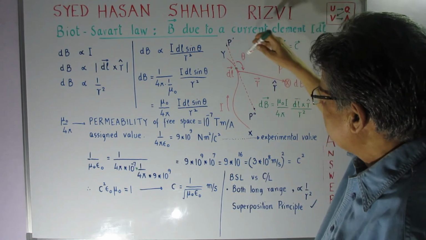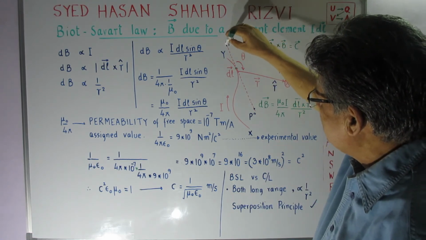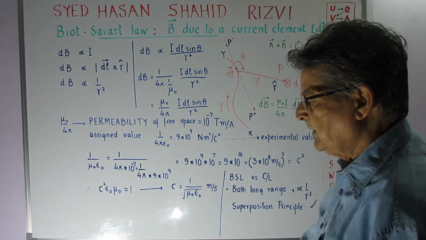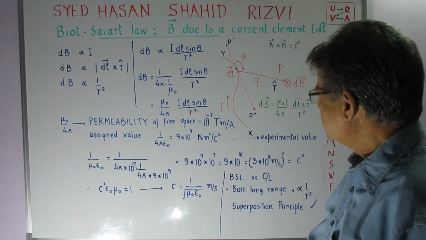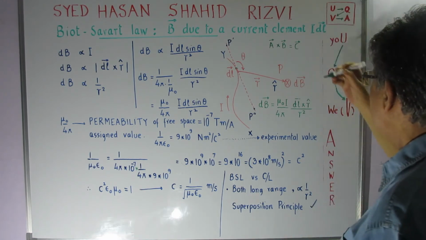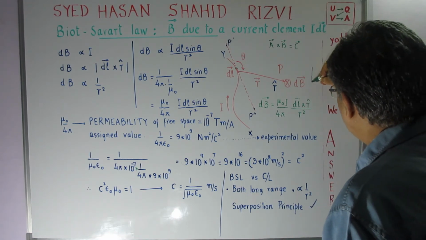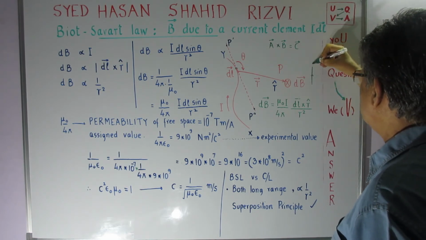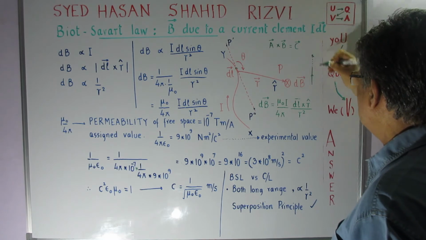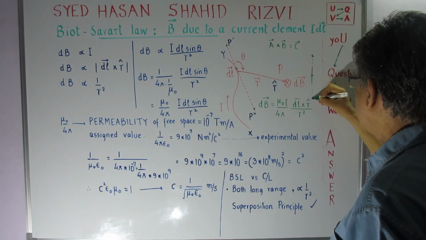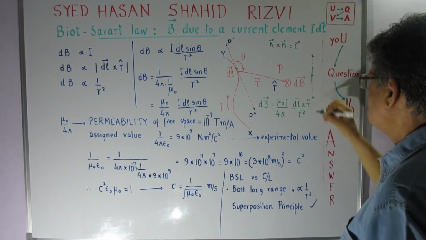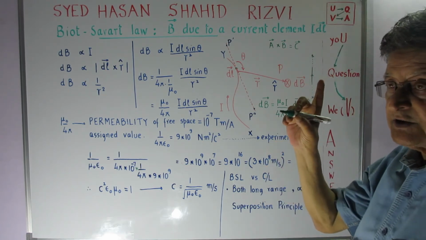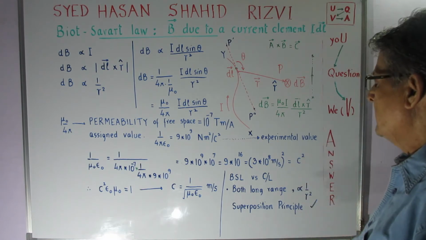So the magnetic field dB over here and the magnetic field dB over here will be equal to 0. That means if I have a wire like this and we want to find the magnetic field over here or over here, it will be equal to 0. So this is another aspect which is not present in the case of Coulomb's law.